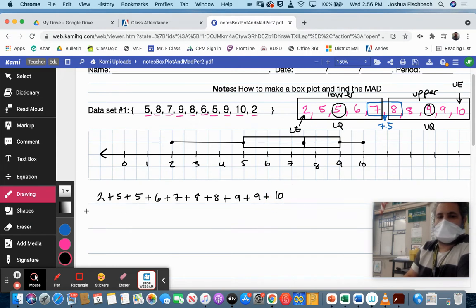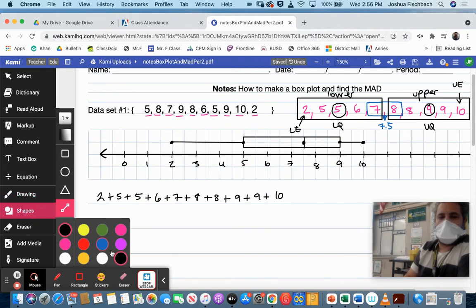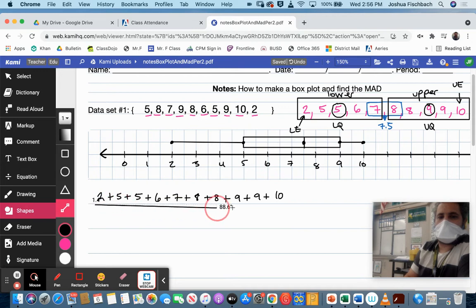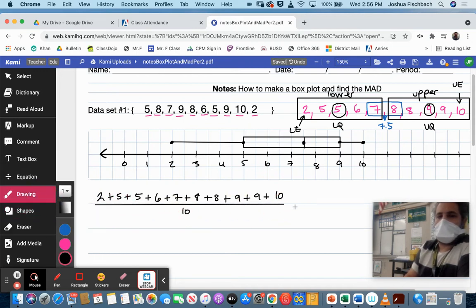And then you're going to divide that by 10, because there are 10 values. That's how you're going to calculate your mean. All right? So in this case, our total on top is going to be 69, and we're going to divide that by 10, so our mean is going to be 6.9. So our mean is 6.9. Let's go down and put that in our list.